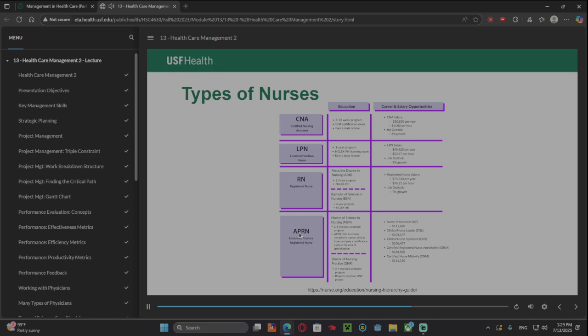Many RNs go back to school to attain an advanced practice registered nurse degree, such as a Master of Science. Some also earn a Doctor of Nursing Practice, or DNP, which is similar to a doctorate for medicine, except they are experts in nursing care. These types of nurses typically make 6 figures as they are experts in their fields.